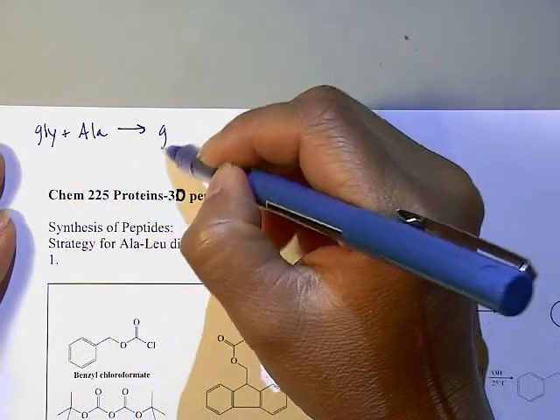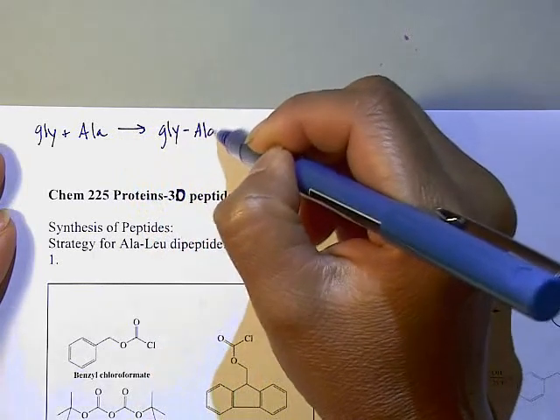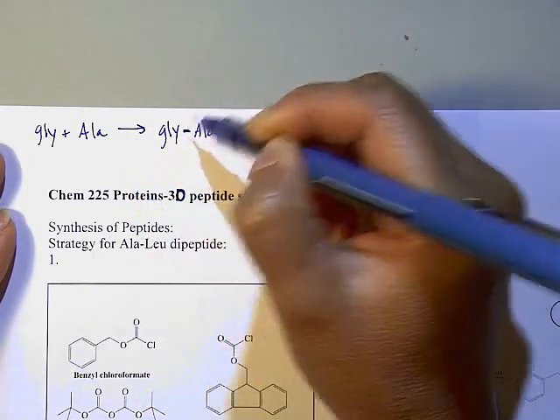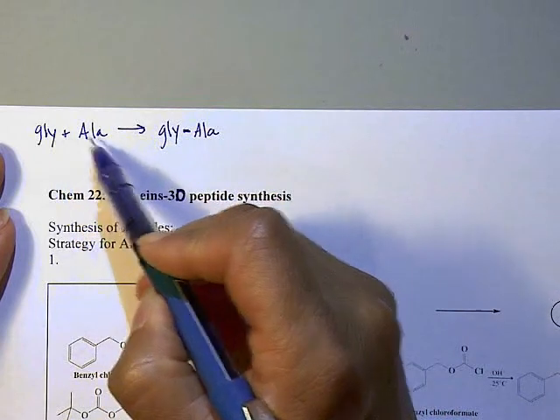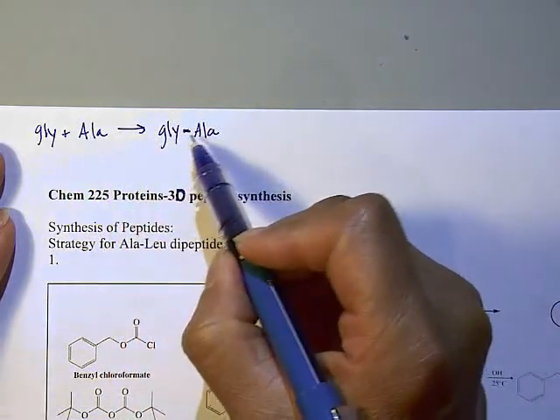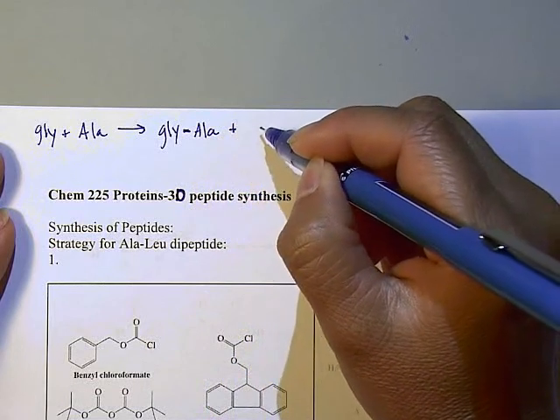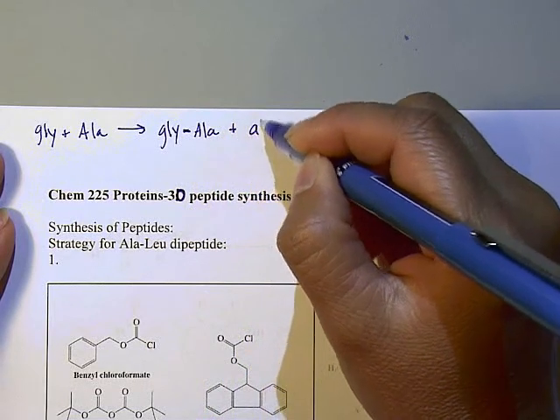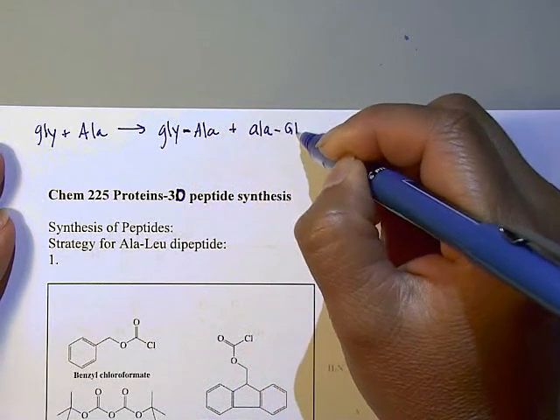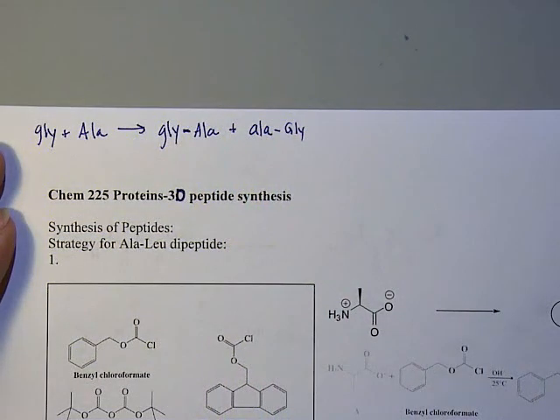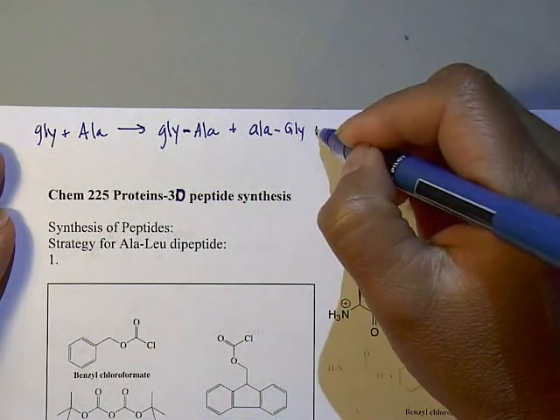So even if I want the amide bond formed between the carboxyl of glycine and the amine of the alanine, that is actually just one of the four possibilities. You could have the alanine with glycine dipeptide, but it could also react with itself.